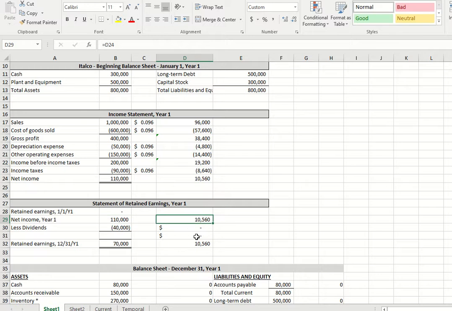Remember, dividends are an exception for the current rate method. We use a historical rate when they're declared or when they're paid, or whatever information the problem gives you will be best for those dividends. So over here they gave dividends back to the parent, I believe.